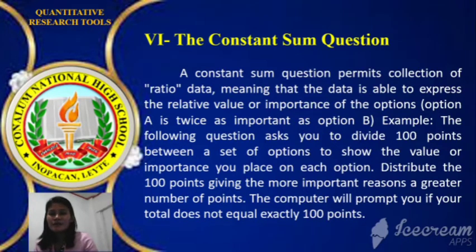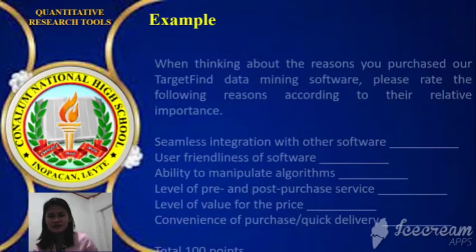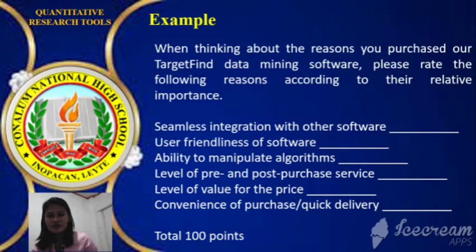When I say constant sum, you just have to divide 100 points into the different indicators or variables you wrote for your research. Say, for example, when thinking about the reasons you purchase data mining software, please rate the following reasons according to relative importance. Seamless integration with other software: are you going to give 20%, 10%, 5%?